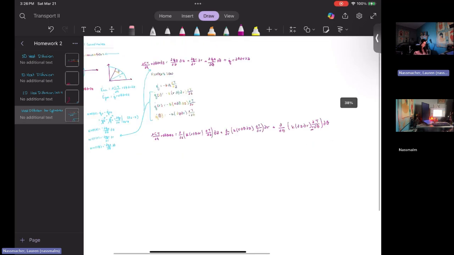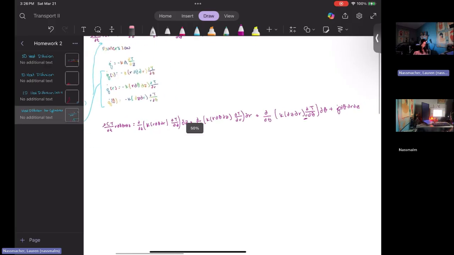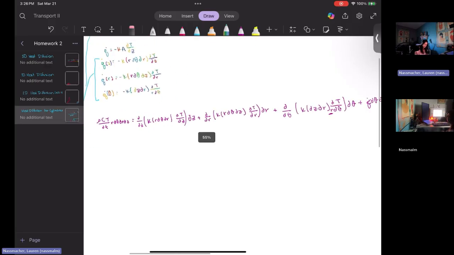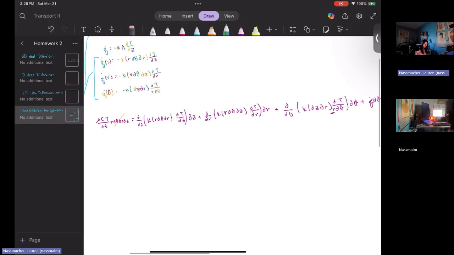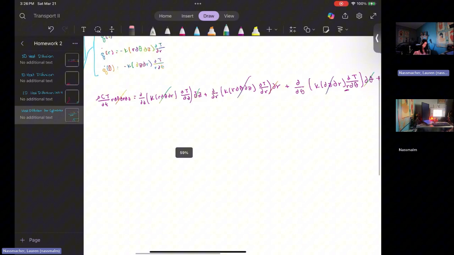Multiplied by our change in theta plus our heat flow and our radius, or our volume. Now, what you can do with this equation is you can actually cancel out the volumes. So that volume can be canceled out, this volume can be canceled out, this volume can be canceled out, and that volume can be canceled out because it's present in every single element of this equation.